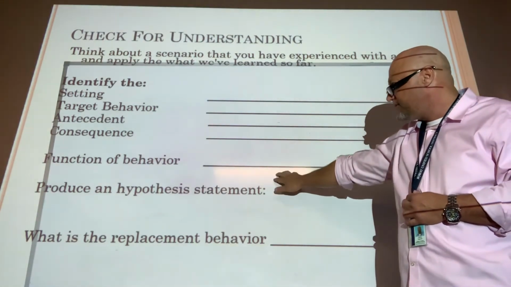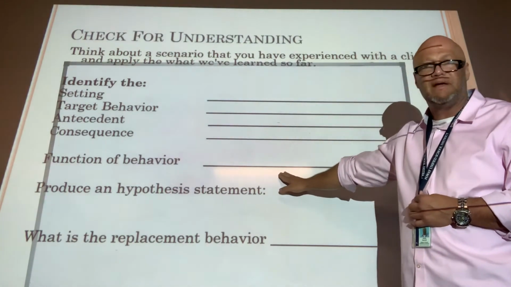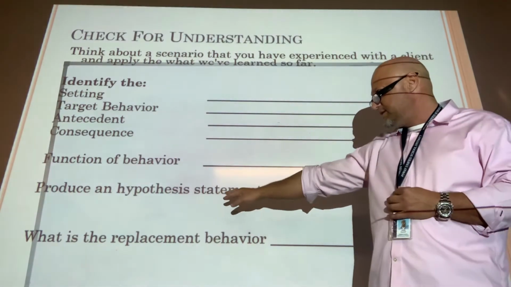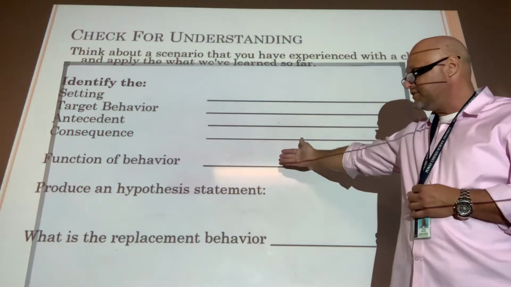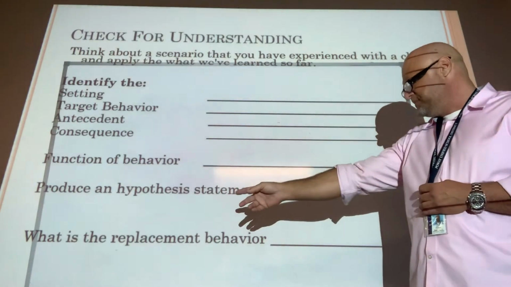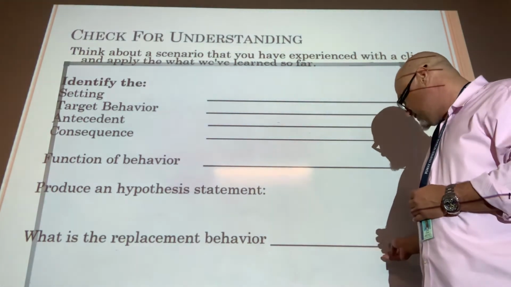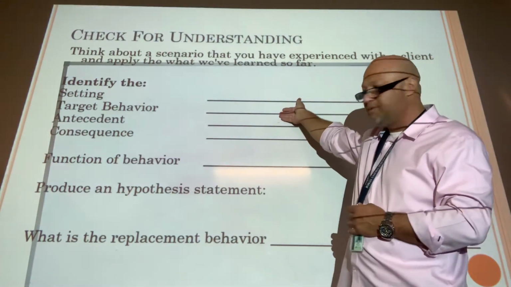Okay. From that, I'd like you to provide a function of that behavior. And then at the end of that, produce a hypothesis statement from your function and that information. And then, of course, I would like for you to come up with your replacement behavior for that target behavior.